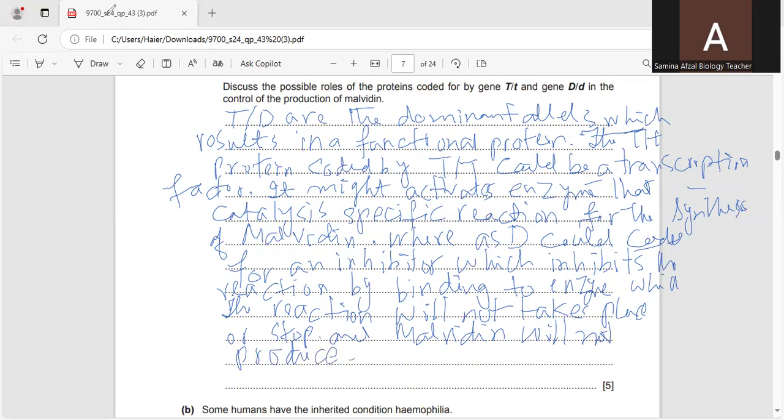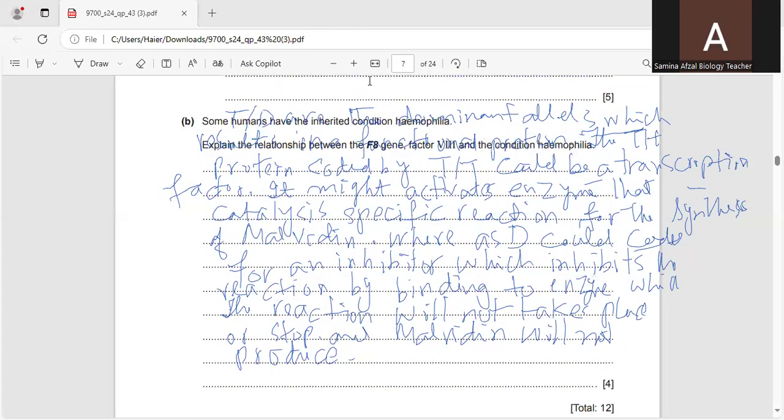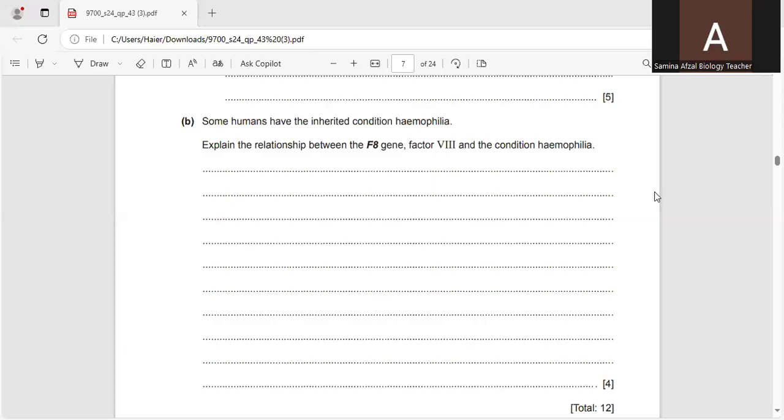So now we are moving towards the next question. And the next question is, we are going to explain the relationship between the factor 8 gene or F8 gene, factor 8, and the condition hemophilia.